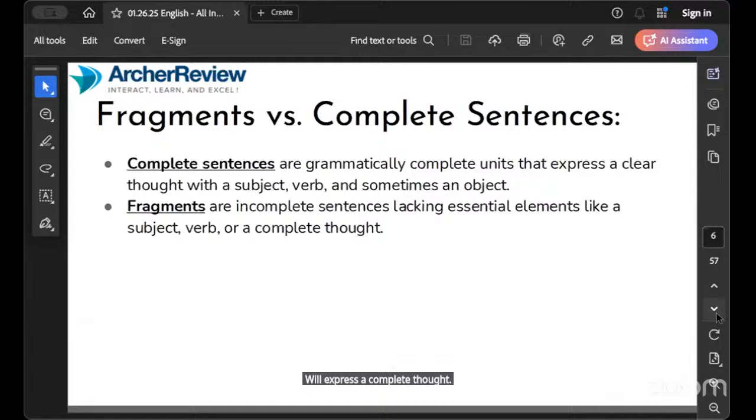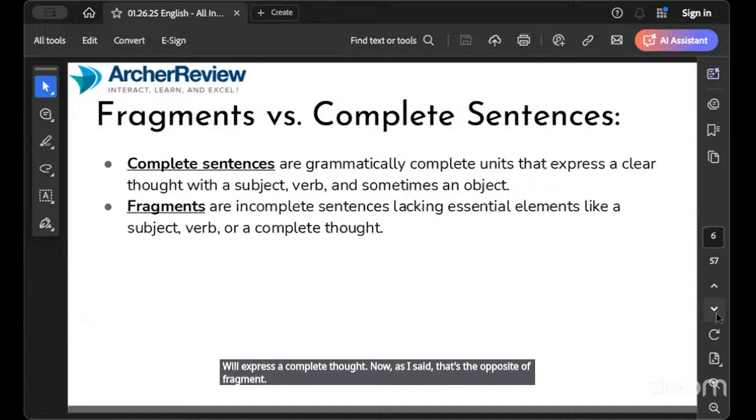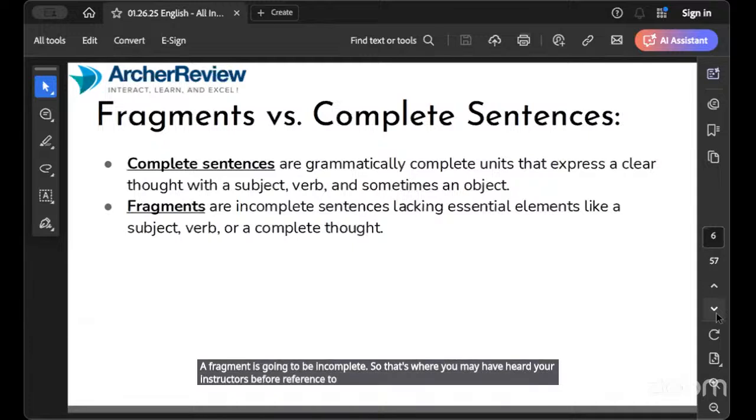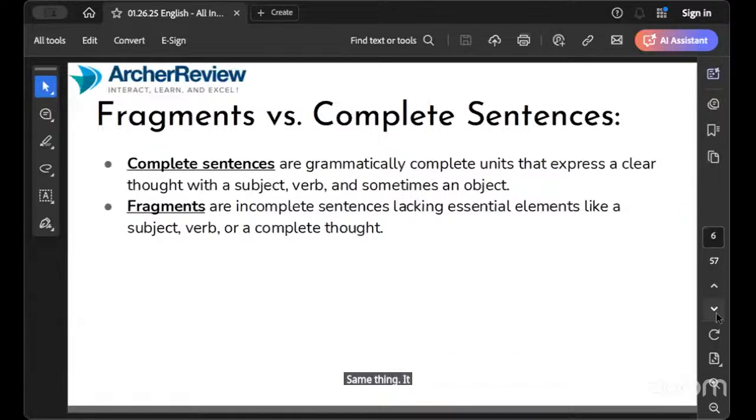Now, as I said, that's the opposite of a fragment. A fragment is going to be incomplete. That's what you may have heard your instructors refer to as an incomplete sentence. Some students have never heard the phrase fragment because their instructors or professors referred to it as an incomplete sentence. Same thing. It's kind of like tomato, tomato. So fragments are incomplete sentences.